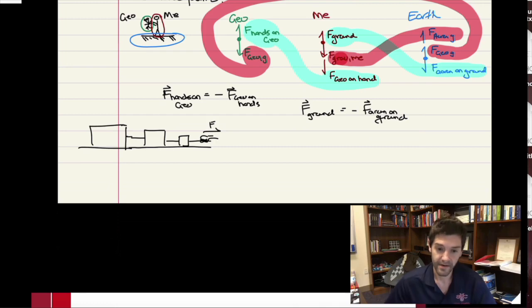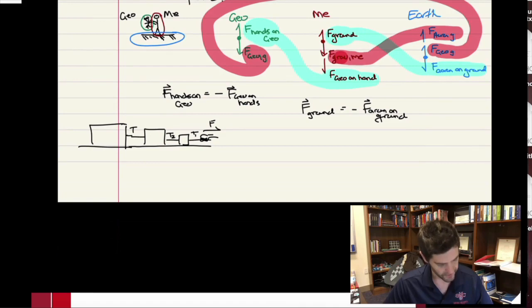And I want to identify what is going on, what is the overall acceleration maybe, and then there might be different tensions in the strings. Which of these strings is most willing to break? If they're identical strings, which one has the most tension and might be most at risk of snapping, for example?